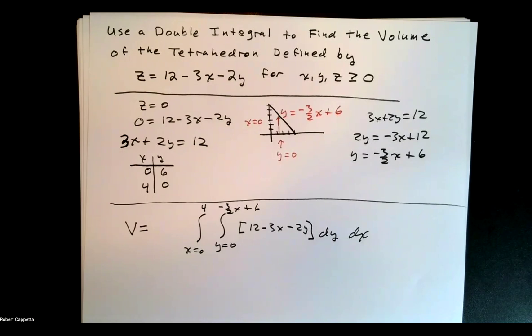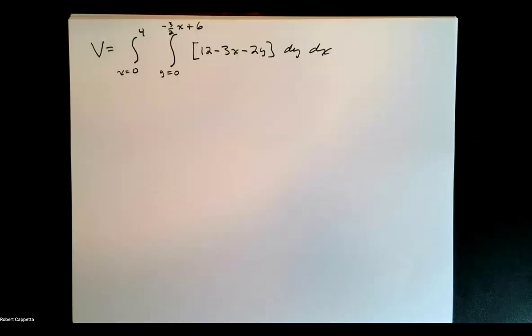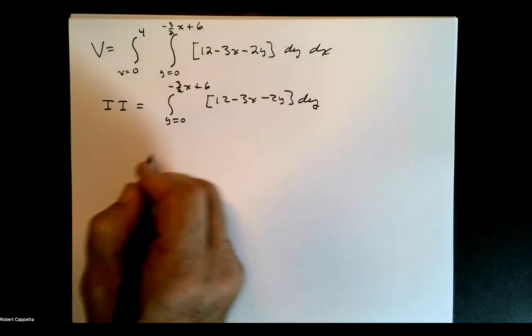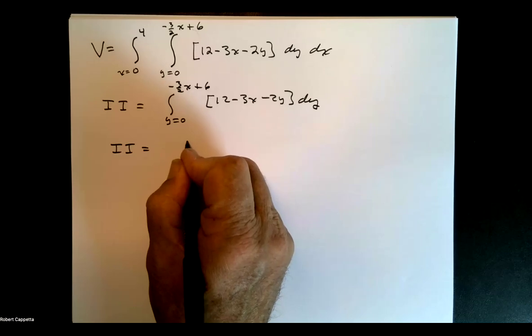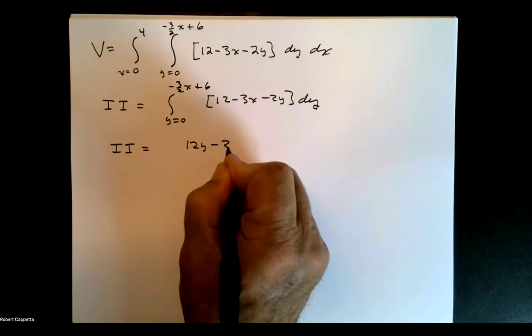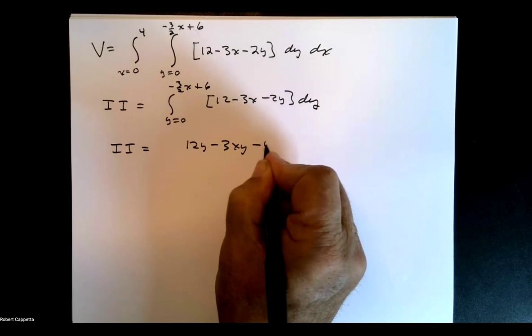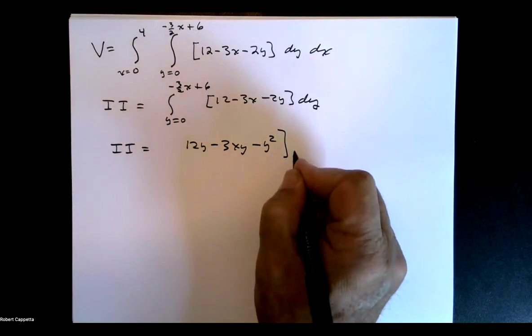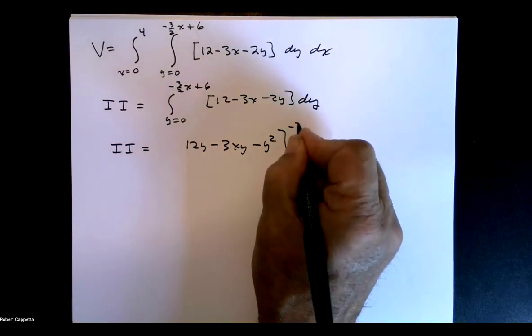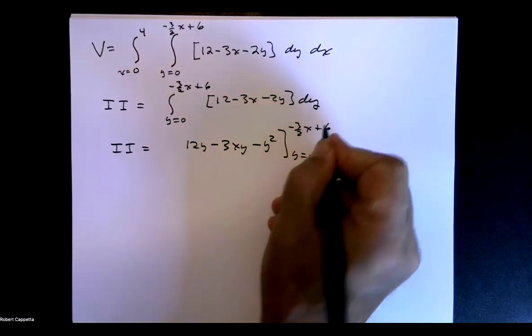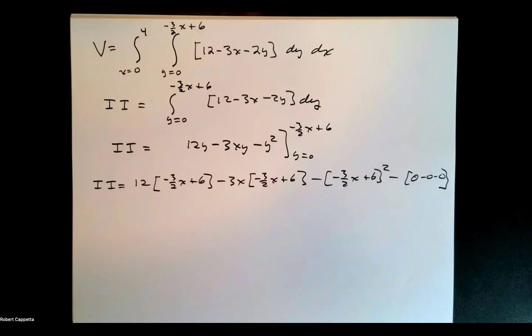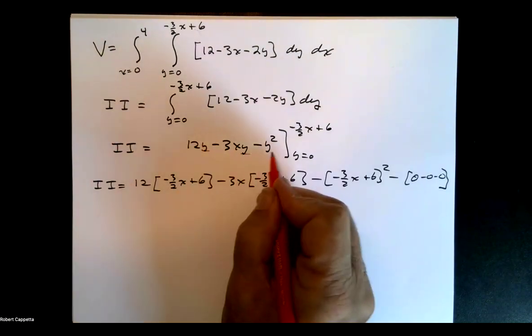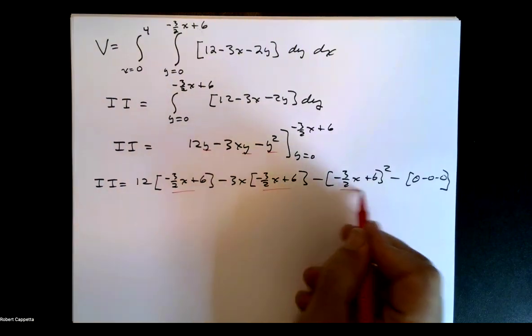So let's look at that double integral. The first step is the inner integral, and the antiderivative of that with respect to y will be 12y minus 3xy minus y squared, as y ranges from 0 to negative 3 halves x plus 6. Let's plug those values in, replacing all of the y's first with negative 3 halves x plus 6, and then with 0.